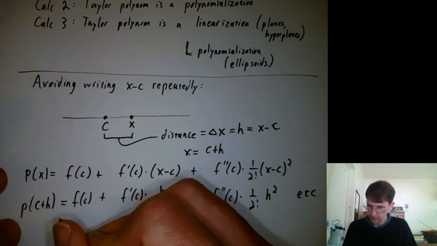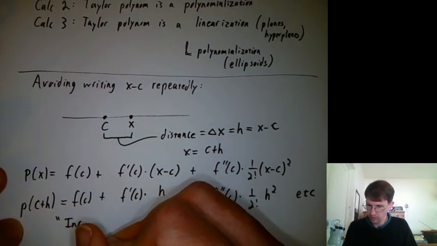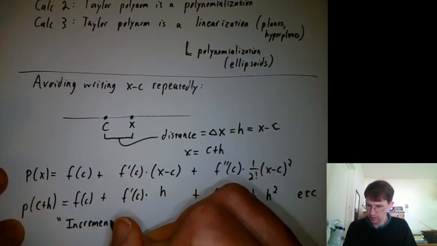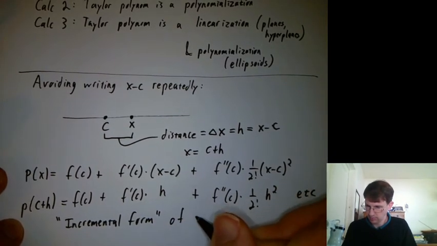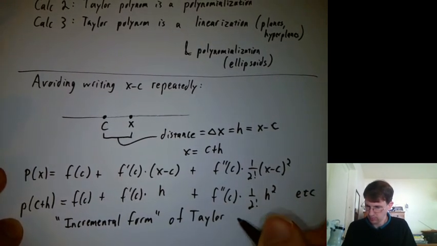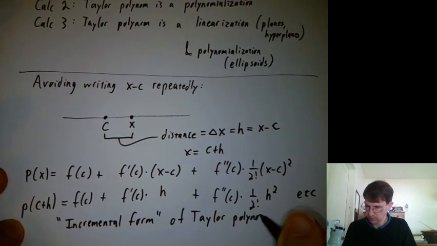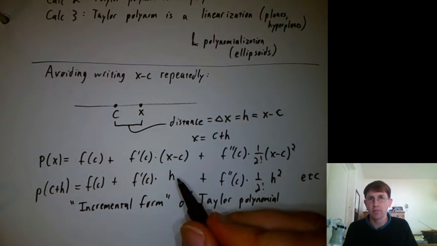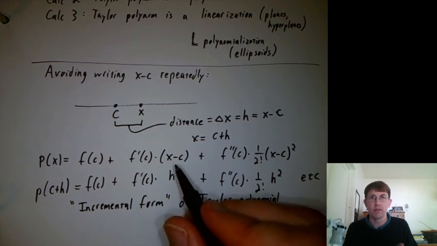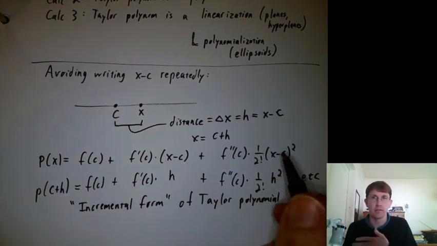etc. This is what's called the incremental form of a Taylor series. And in its simplicity, it kind of makes us think of a Maclaurin series, right? Or Maclaurin polynomial, because for Maclaurin, we didn't keep writing x minus c in parentheses and square it and stuff.